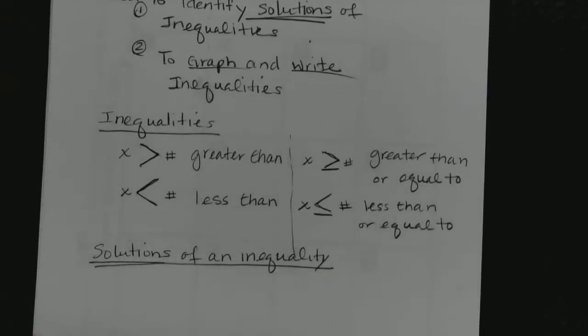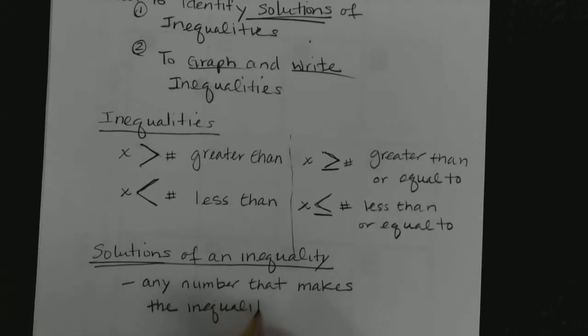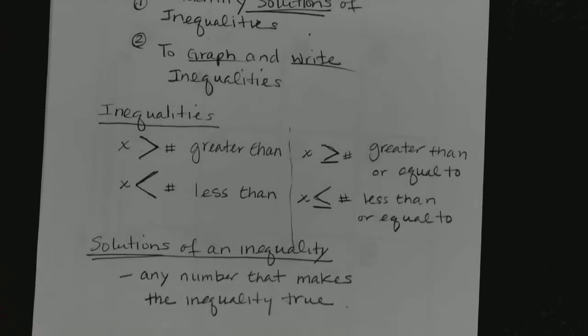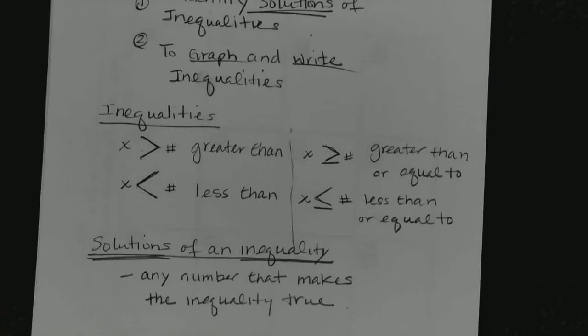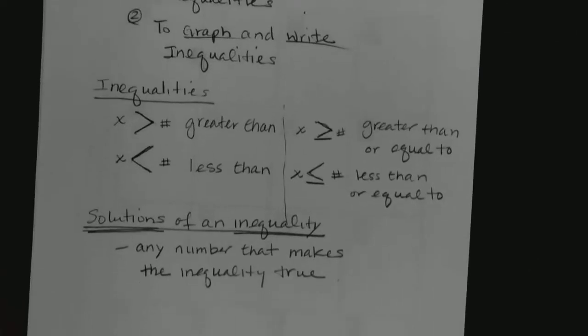Solutions of an inequality is any number that makes the inequality true. Okay, so a solution, which is the answer to an inequality, is any number that will make the inequality true. That will be the solution.